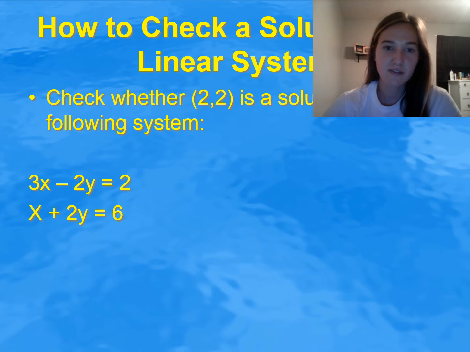Now we need to see if it satisfies the second equation. So we're going to plug in this x to this equation plus 2y. Again, we plug in the y.